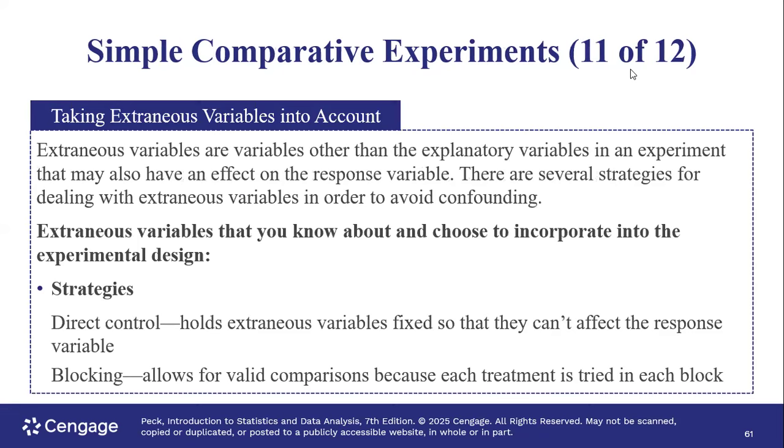Okay. Extraneous variables are variables other than explanatory variables. We already talked about it. One is the time of the day during which the two tests were done in two different rooms at two different temperatures. We directly controlled it by removing that extraneous variable, conducting both the test in both the sections at the same time of the day, or we can use blocking. Okay.